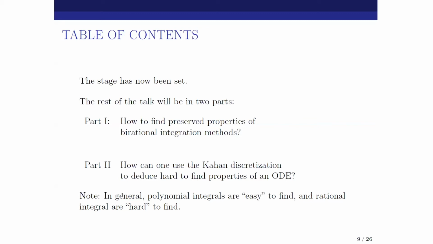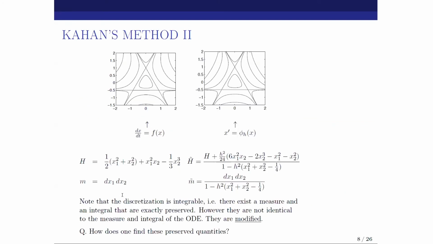Because just to go back, I never used the expressions for H in the definition of Kahan's method, right? So Kahan's method, in a sense, is what we like to call in numerical integration foolproof. It preserves things even if the user doesn't know that it has those properties. But in many cases, of course, we do know that we have a Hamiltonian system, and then we want to.